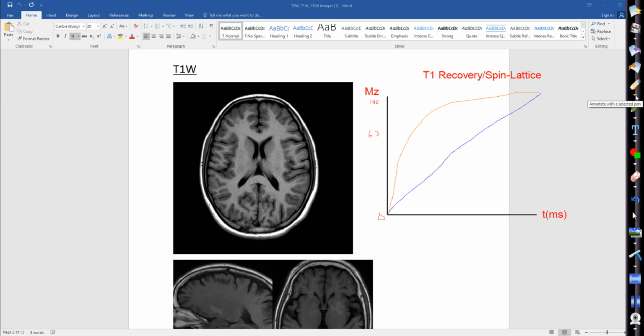You draw over and get our TR times for these tissues. So this would be considered TR1 and TR2.